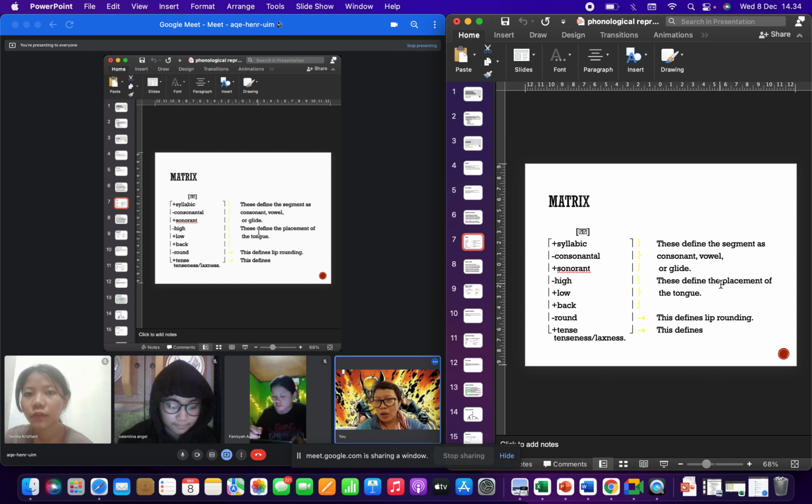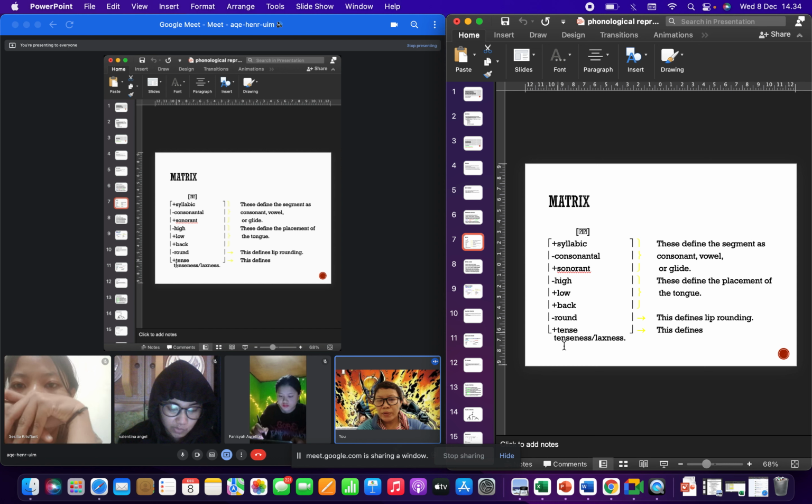While when we see high, minus high, plus low, plus back, it means that we talk about the placement of the tongue. Remember that your tongue will be placed in a high, a low, or a back position. And when you see in our matrix minus round, it means that we talk about lip rounding.